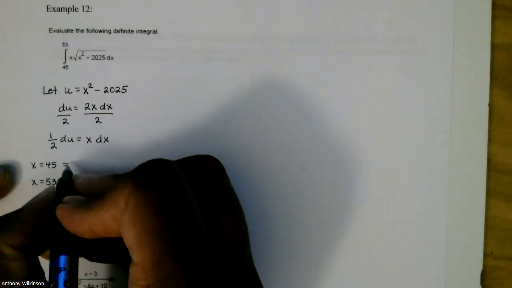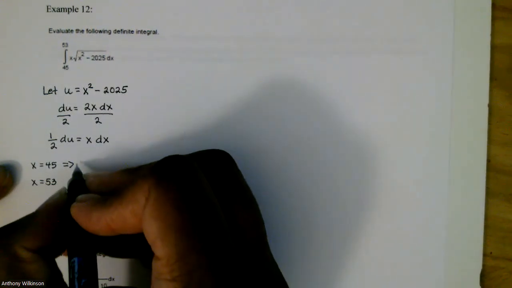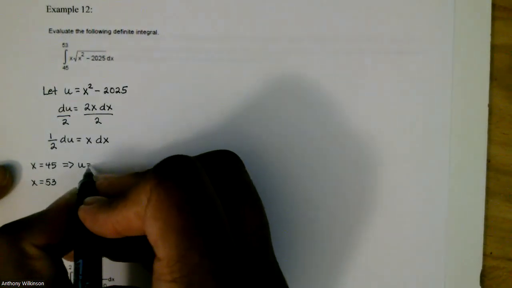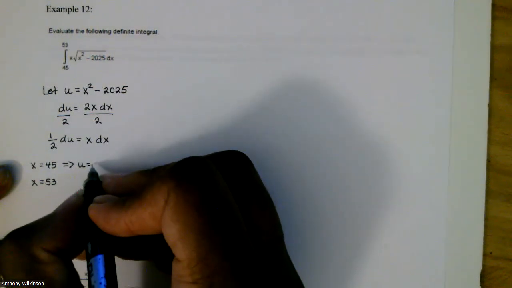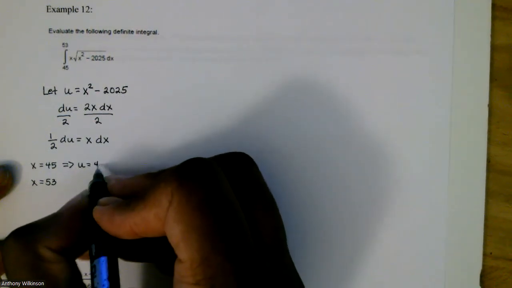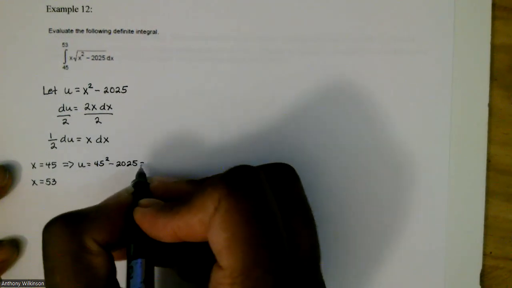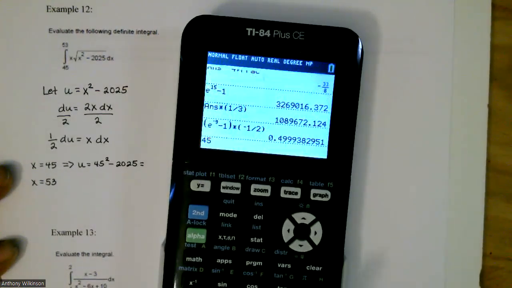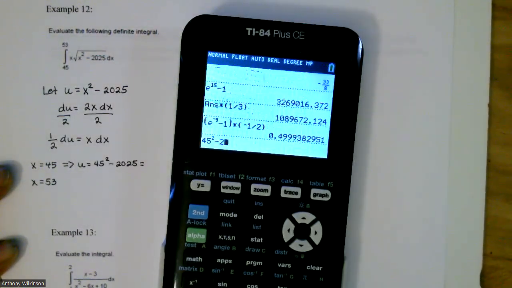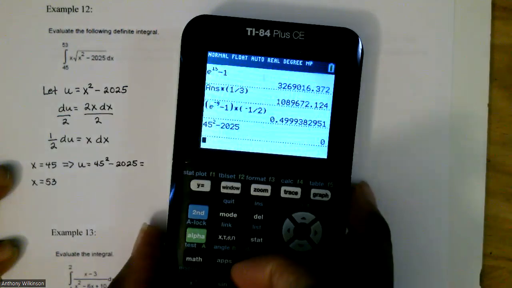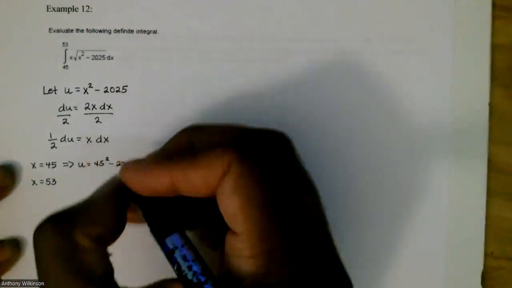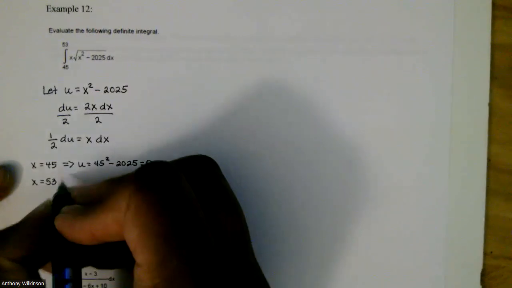If x is equal to 45, my lower limit in terms of u would be this. u is equal to 45 squared minus 2025. So 45 squared minus 2025 would be 0. So my lower limit in terms of u would be 0.